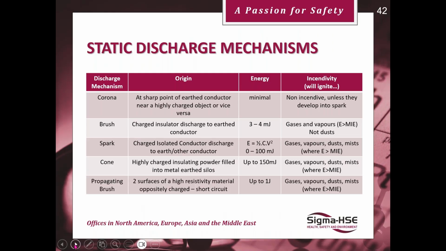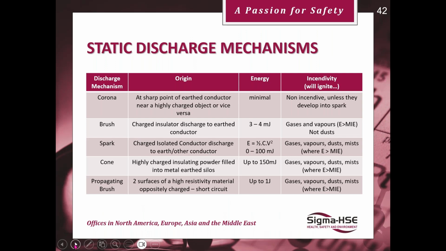You have brush discharges, from a charged insulator discharging to an earthed conductor. Take your nylon jumper off at night and you'll see little areas of sparks. These are brush discharges. Low energy, 3 to 4 millijoules. They will ignite gases and vapors, but not dusts.